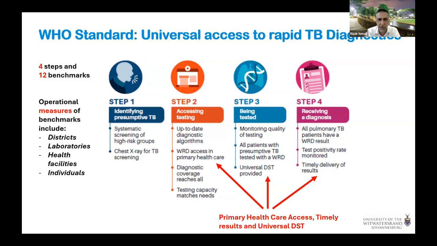These are expectations that everyone should have access at primary healthcare, that results need to meet the benchmark for timeliness, and that every person gets the spectrum of resistance testing required for their care. So these are the key parameters, and we need to be focusing on these 3 aspects as we start these discussions.